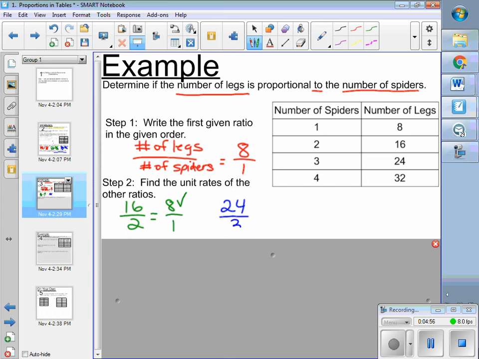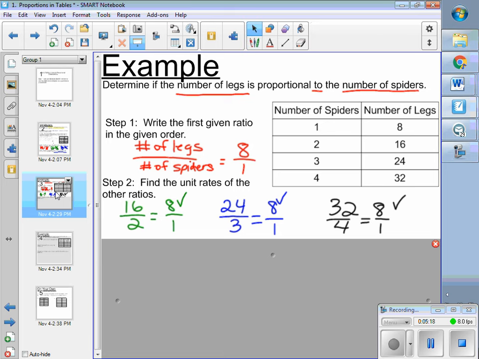If I divide 24 by 3, I get 8 to 1. So that works. And then my last one is 32 to 4. I divide 32 by 4, and I get 8 to 1. So that one worked.